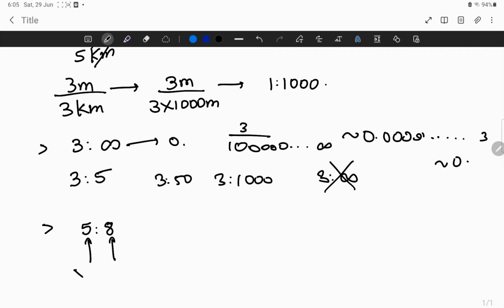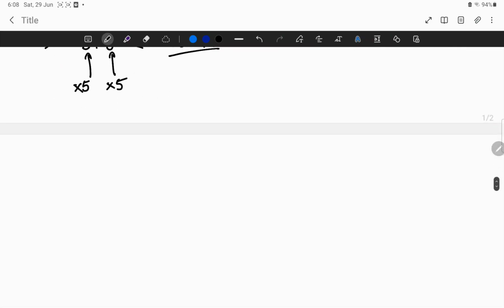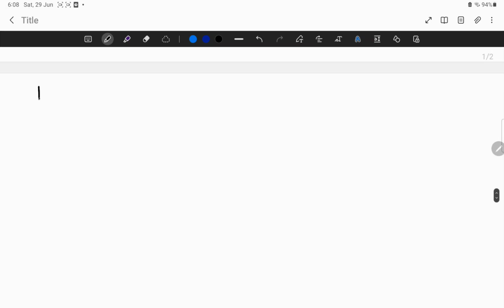If I'm multiplying 5 by 5, 8 also has to be multiplied by 5. Only then it would be the same ratio. So in this case it would be 25 is to 40, which is equivalent to 5 is to 8. Now there are certain terms that are associated with ratios.